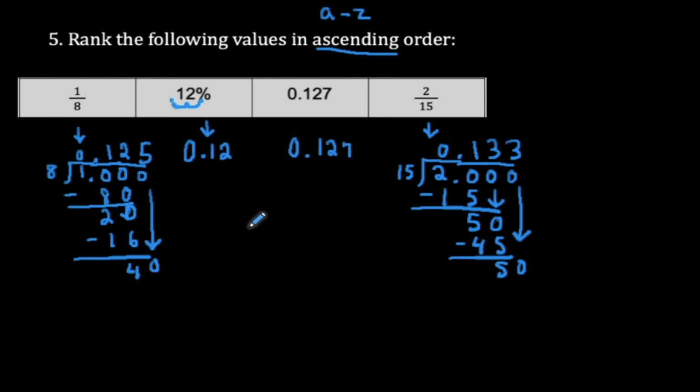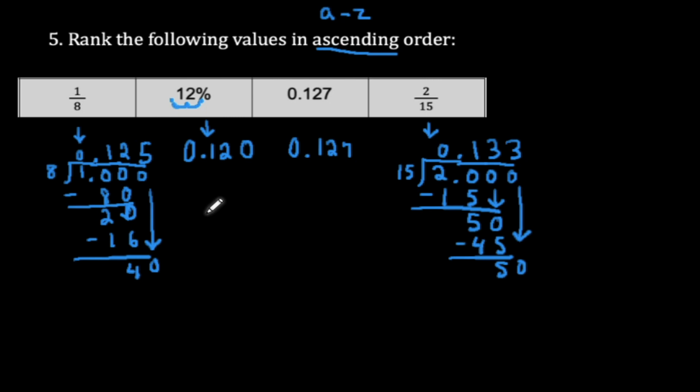All right, so now since we have these values, we can place them in order from, and like I said, ascending simply means from least to greatest, okay? So let's actually line these up vertically to help us see what we're looking at.